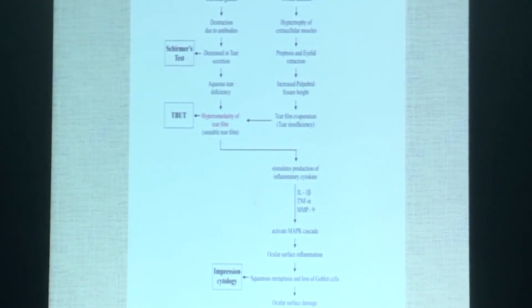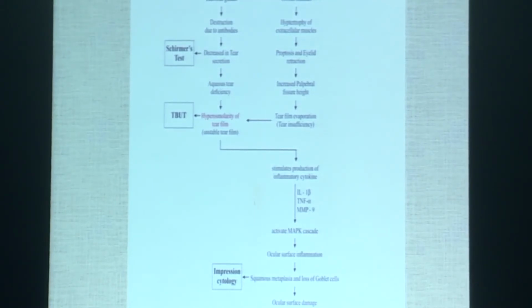The basic thing in hyperthyroid cases is that TSH receptors are located on lacrimal glands and orbital muscles. So antibodies attack the lacrimal glands, leading to decrease in tear function. The main culprit in every diagnosis, hyperthyroid and hypothyroid, is hyperosmolarity of tear film. Once the tear film is hyperosmolar, it stimulates a cascade of inflammatory cytokines like interleukins and MMP, and there is ocular surface inflammation leading to squamous metaplasia and loss of goblet cells.